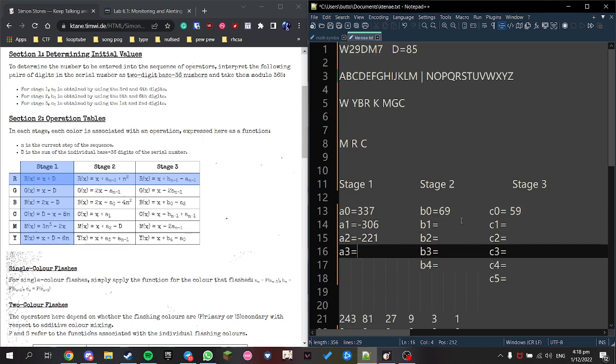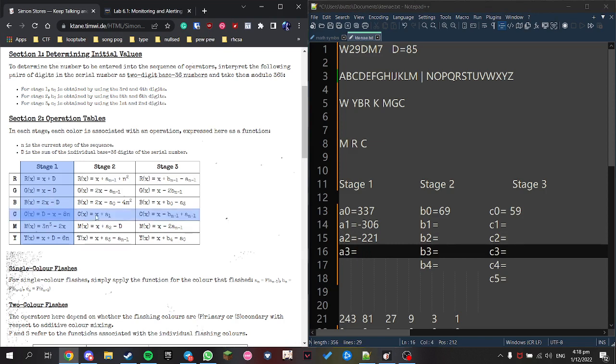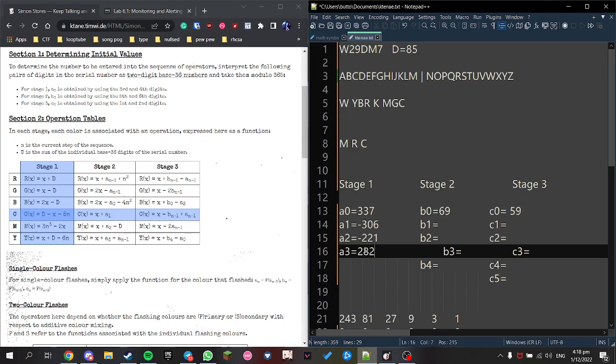Okay, next is A3, which is cyan, which is 85 minus negative 221 minus 8. Is that 8? Yeah, so just 3. So that'll be 282. So now going over to our fun little table over here.